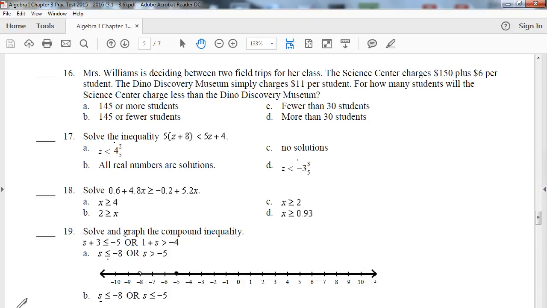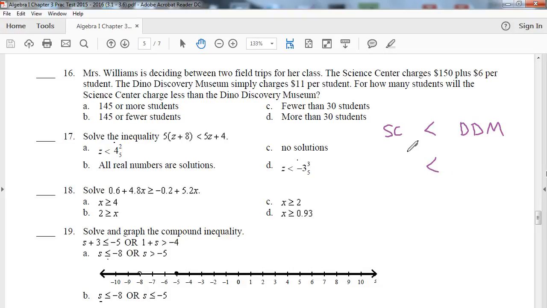Number 16, Mrs. Williams is deciding between two field trips for her class. The Science Center charges $150 plus $6 per student. The Dino Discovery Museum simply charges $11 per student. For how many students will the Science Center charge less than the Dino Discovery Museum? Okay, so we're looking for the Science Center being less than the Dino Discovery Museum.